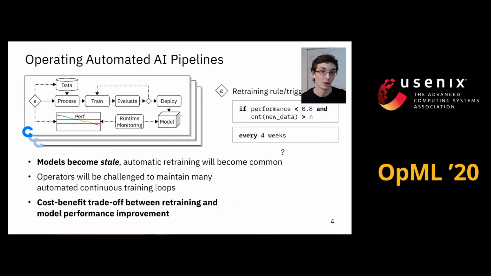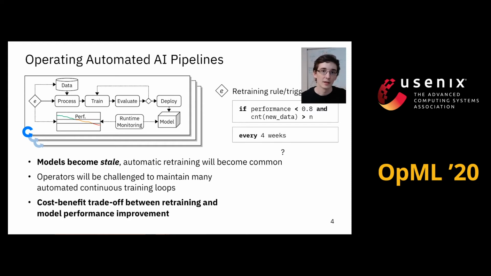Once we've deployed our model, we want to make sure that we automate the retraining procedure, creating these automated continuous training loops. So maybe you want to trigger the pipeline periodically, or when performance drops, or a certain number of new data are available, or in other words, if your model gets stale.